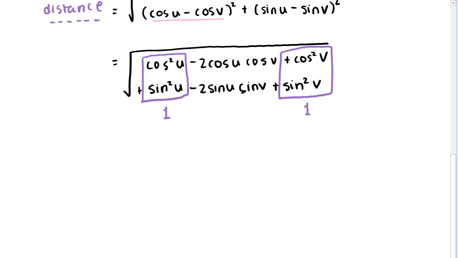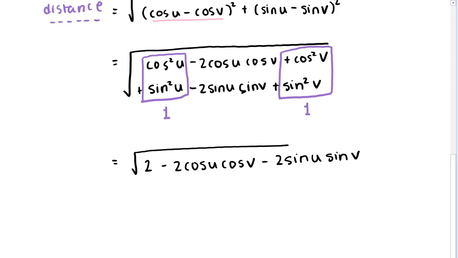So if I rewrite this expression, replacing those parts with 1, we've got 1 plus 1, so that's 2, minus 2 times cosine of u, cosine of v, minus 2 times sine of u times sine of v. This is all underneath the square root. And this is the distance of that dashed purple line.